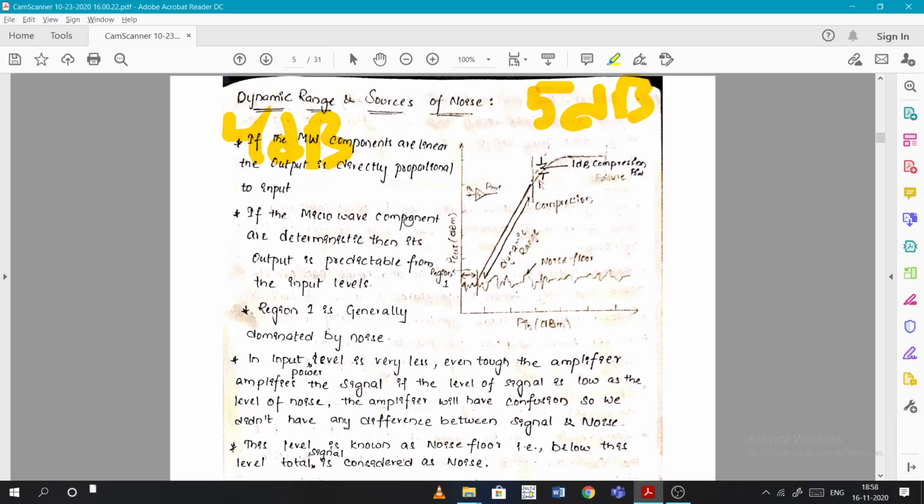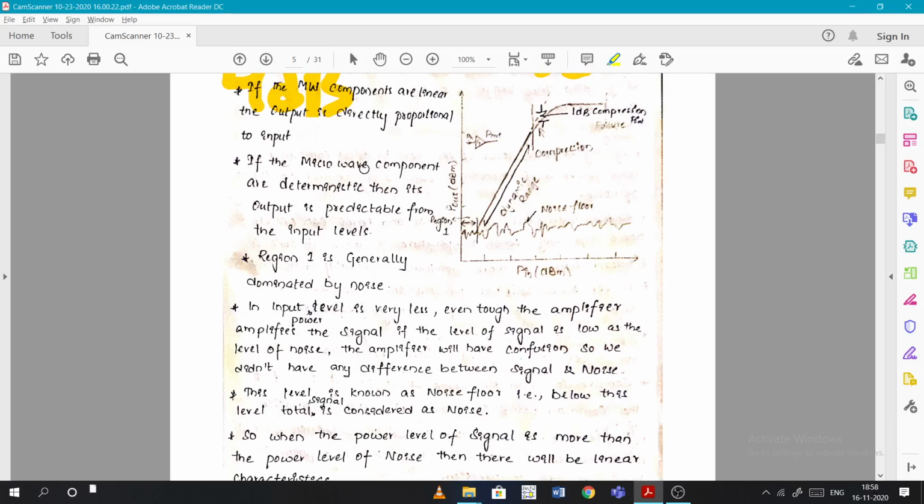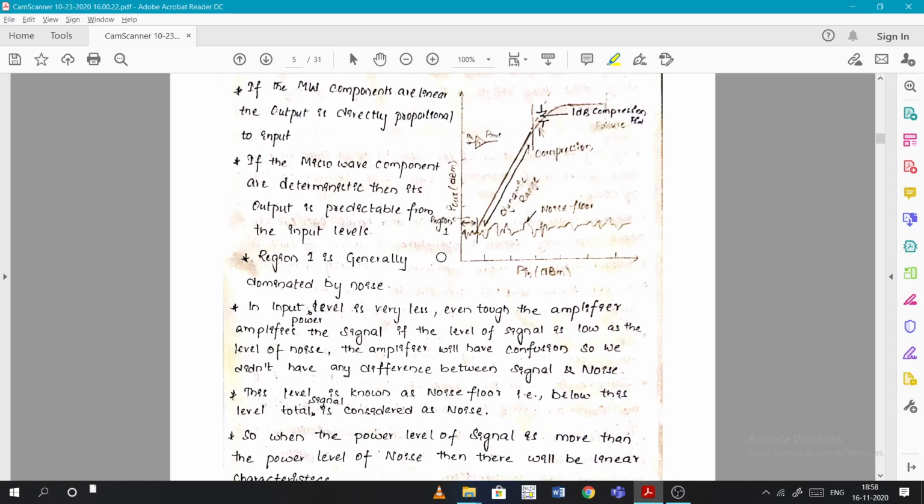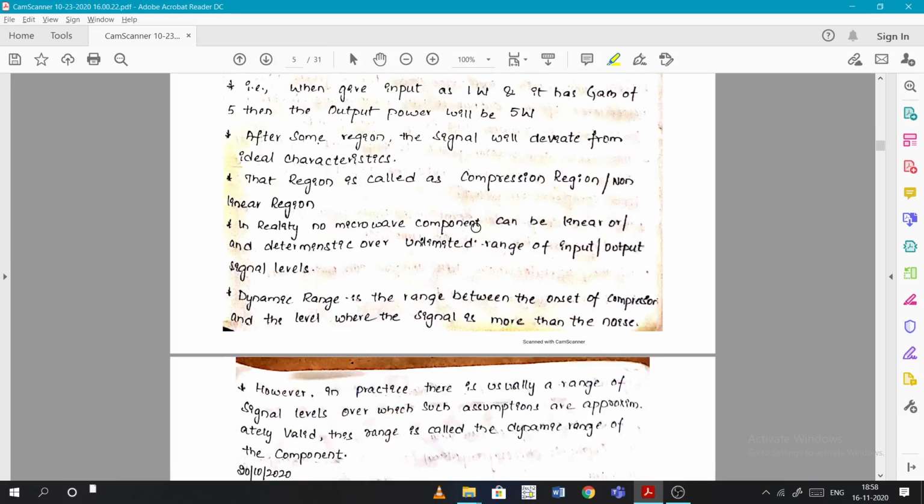That means the difference between the input and the output is 1 dB less, right? So we call that point the 1 dB compression point.